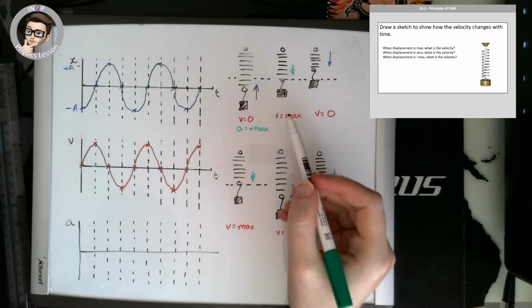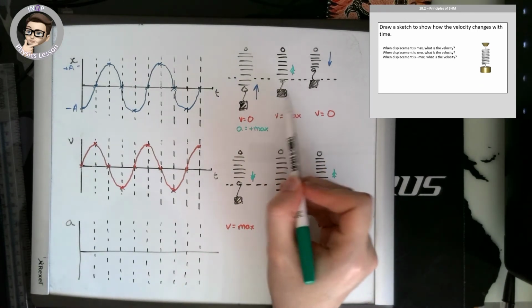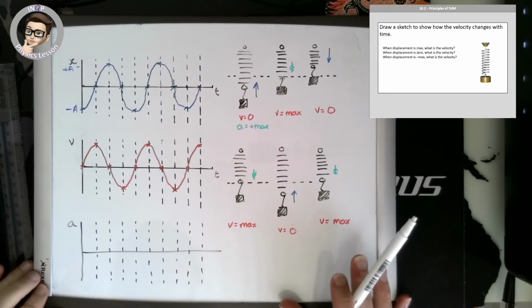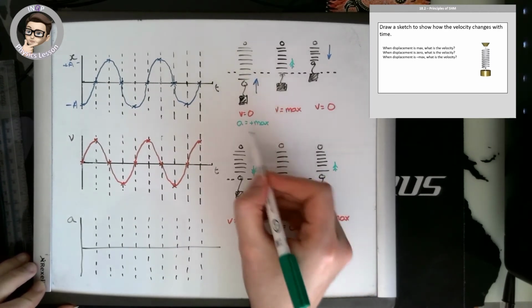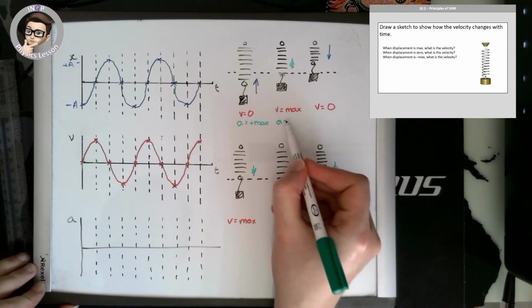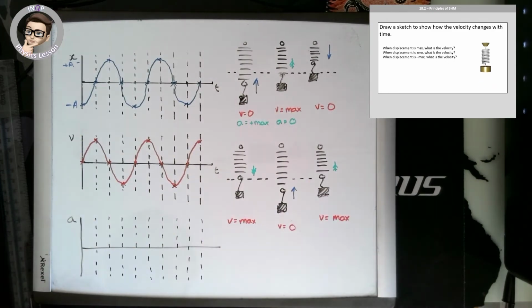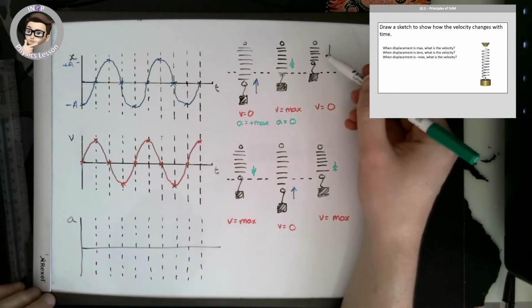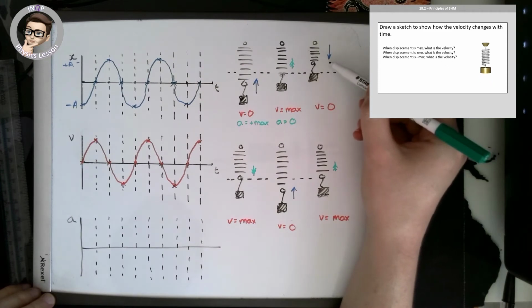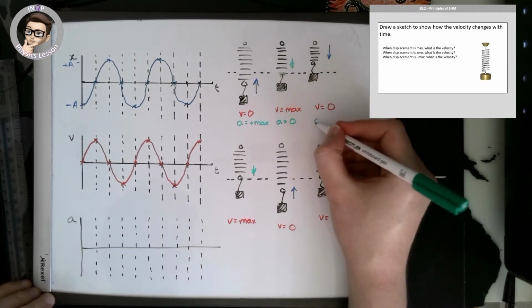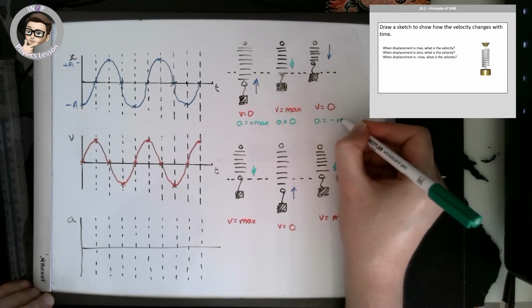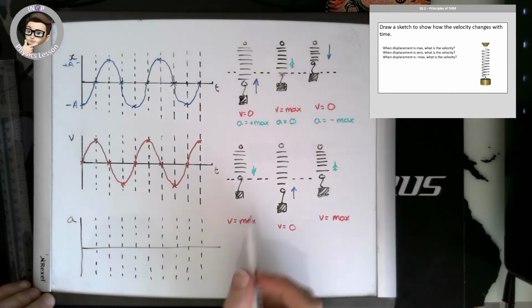When it goes through the equilibrium line, there's no restoring force, no net force in either direction, so therefore we know from Newton's second law that the acceleration must be 0. And once we reach our maximum displacement, we're going to have an acceleration back towards the centre, so this time we're going to have a negative maximum acceleration.